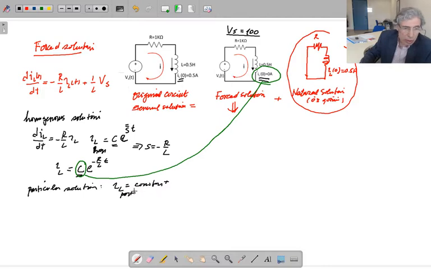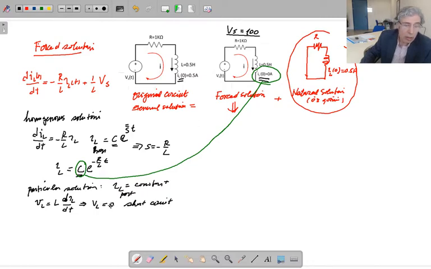On the other hand, I know that the definition relation of the inductor is VL equal to L times dIL over dt. Since IL is a constant, the derivative is 0, so VL equal to 0. If VL equal to 0, that means short circuit.